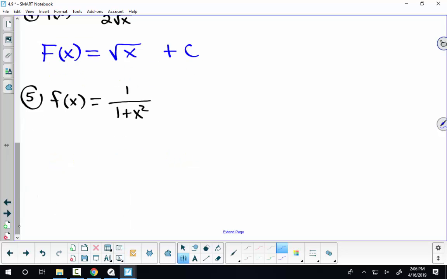Okay. How about 1 over 1 plus x squared? What's the antiderivative of 1 over 1 plus x squared? On the right track. First, tangent of x plus c. I know we kind of glanced over inverse trig functions, but this one is inverse tangent of x.